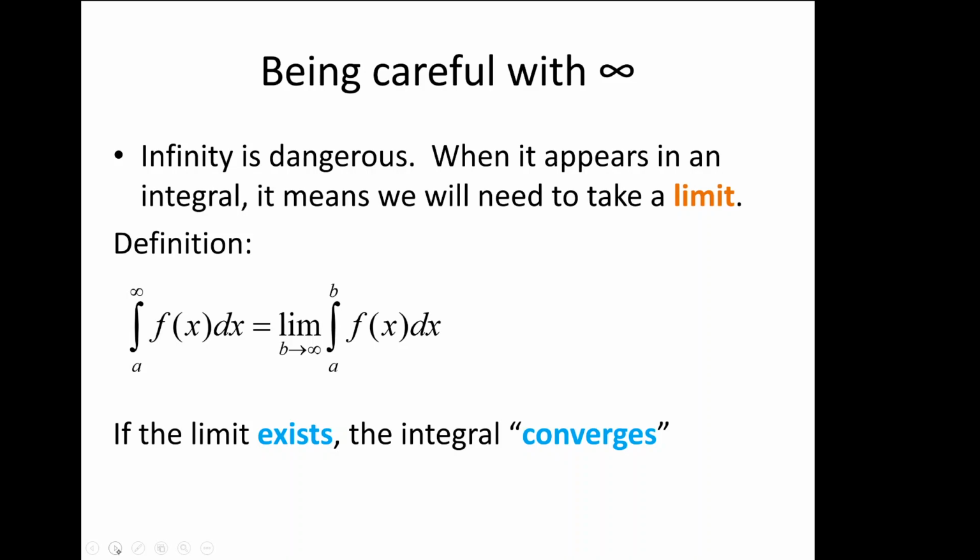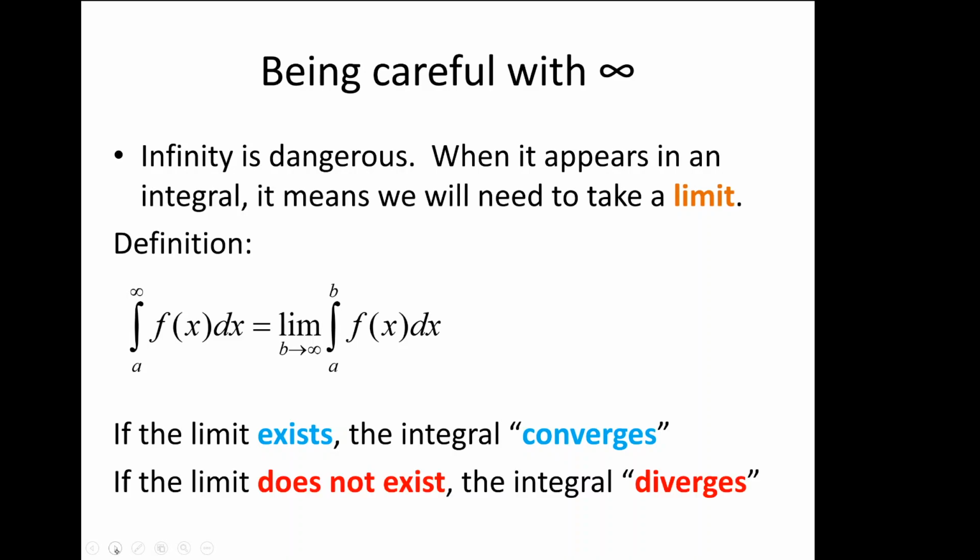So if the limit of the resulting object from the antiderivative being evaluated exists, if you get 5 or 2 or 0 or -8, then the integral is said to converge. Some vocabulary. And if it doesn't exist, if the limit goes to infinity or minus infinity or something worse than those, then instead of saying that the integral converges, we say the integral diverges. So a particular terminology.